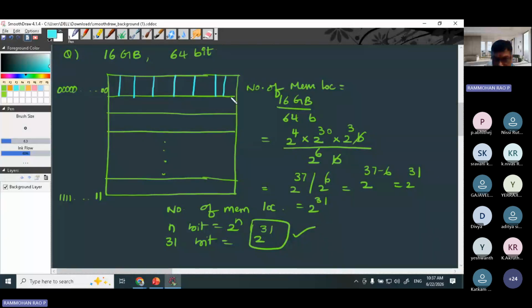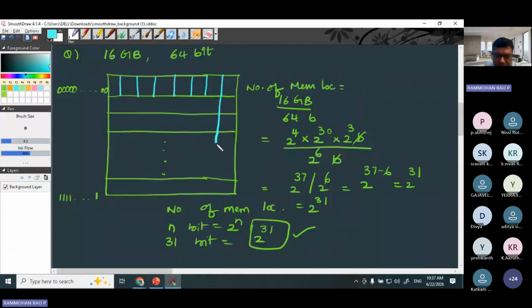So total now, if you observe, we have 8 pieces. 1, 2, 3, 4, 5, 6, 7, 8. So total 8 pieces. Since every memory location is the same 64-bit, I'll get 8 pieces everywhere.